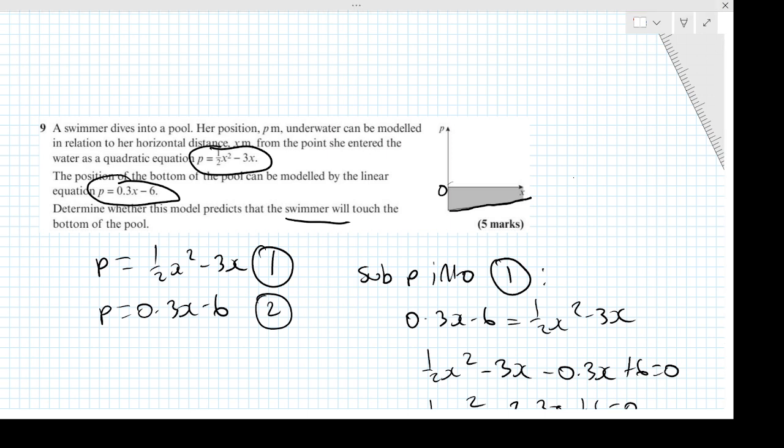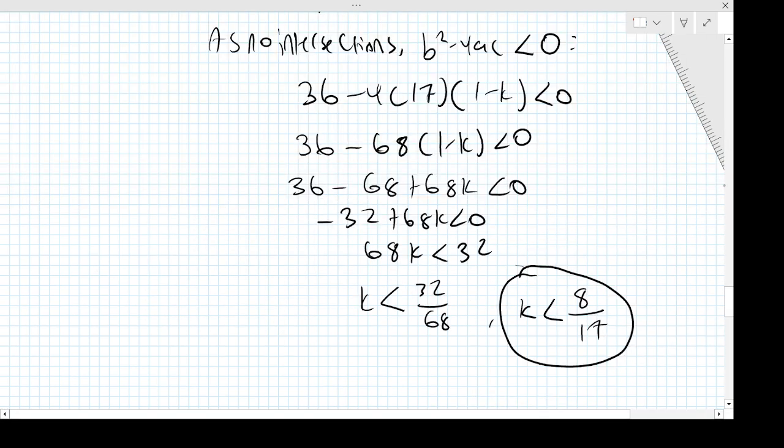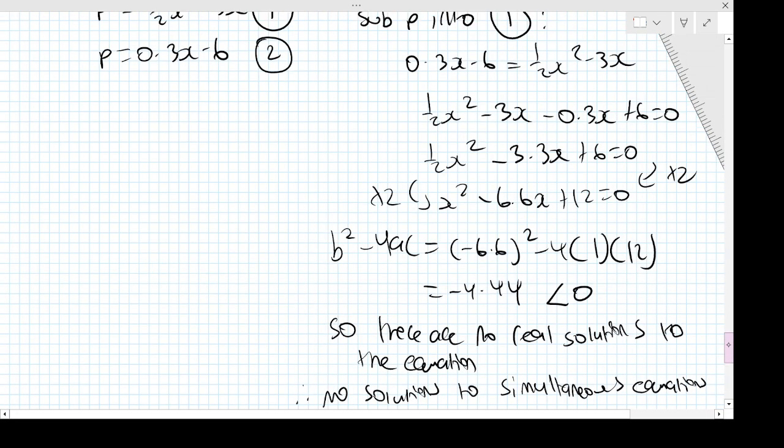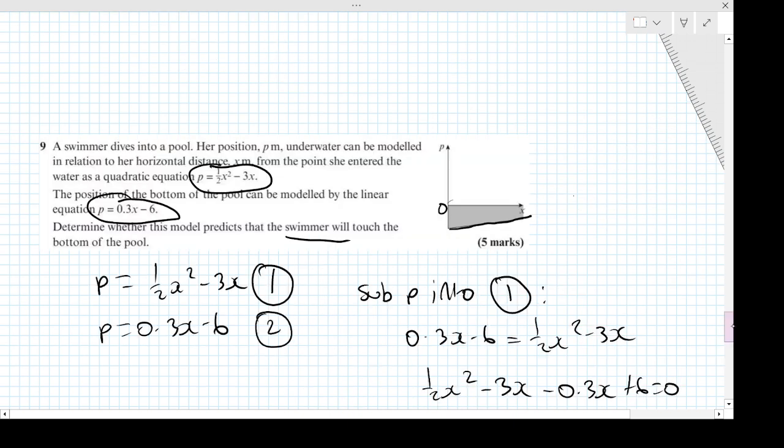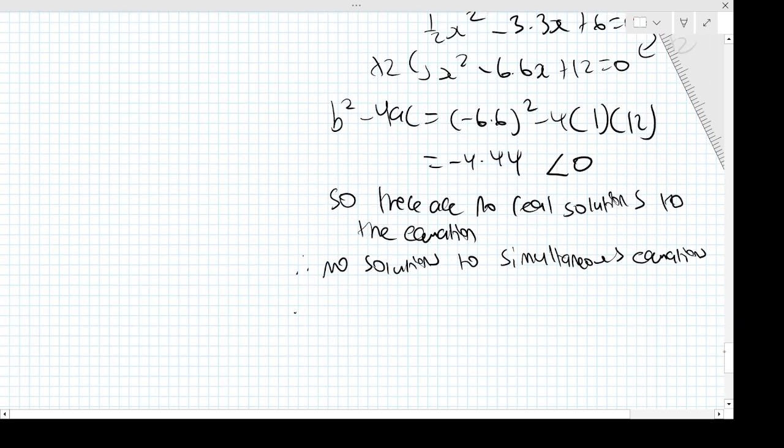That means I have to have a solution to the simultaneous equations. Well, in this case, there are no solutions to simultaneous equations, which means there's no intersections between the two graphs. So actually, therefore, the graphs do not cross.